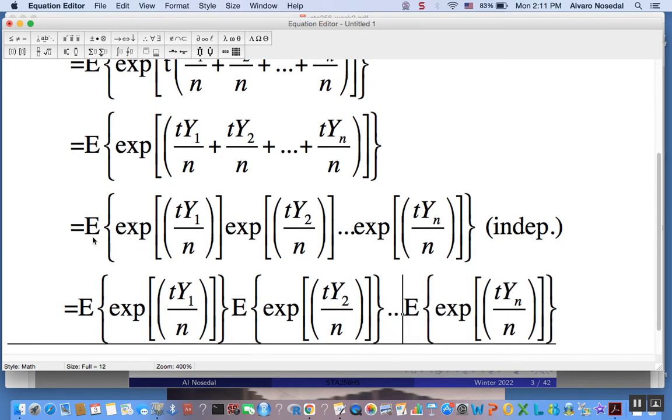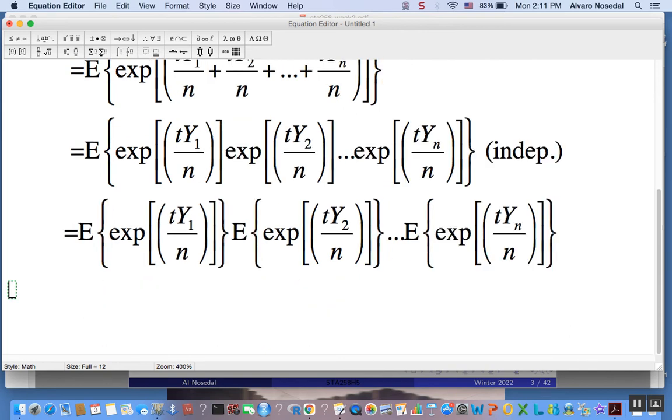So again, we're using the independence between y1, y2 up to yn, and then the expected value of the product is the same as the product of expected values, right? And again, remember that I was just using this exp notation for this. The expected value of e to the power t times y1 divided by n.